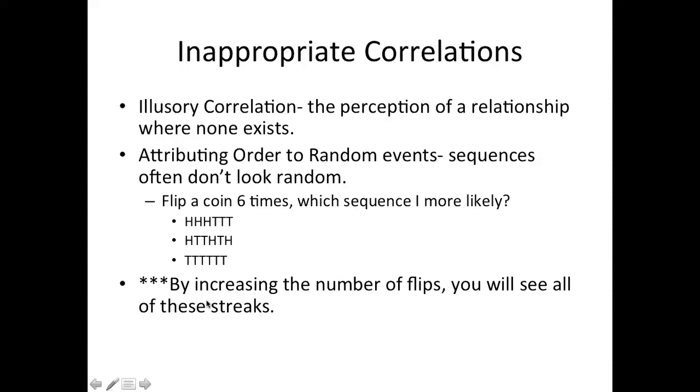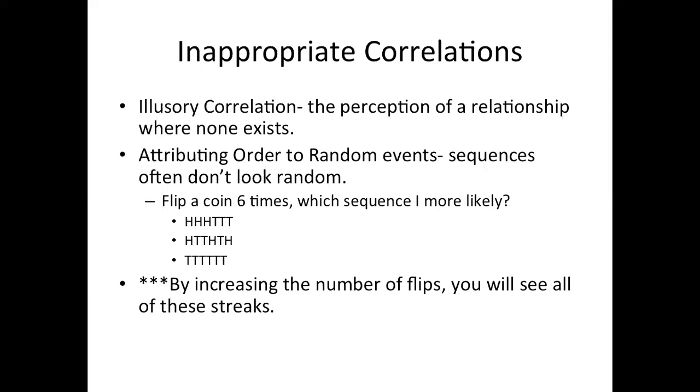So we also have to avoid the potential for illusory correlations. Sometimes we look for patterns in random events. Sometimes we expect there to be a relationship when in reality it was purely random. So if we look at coin flips, I want you to look at the three options.